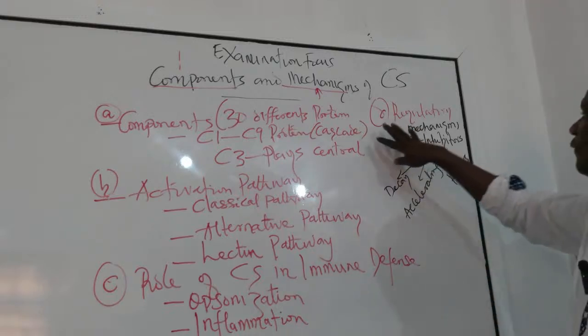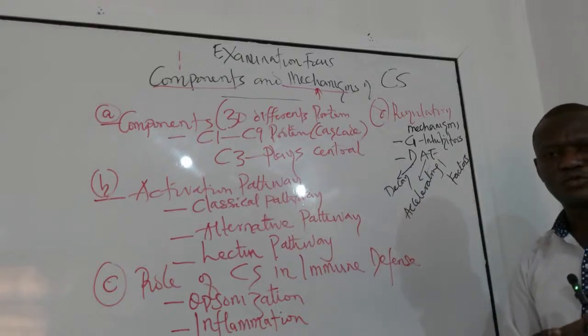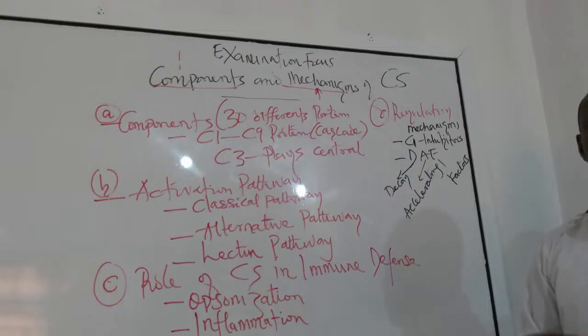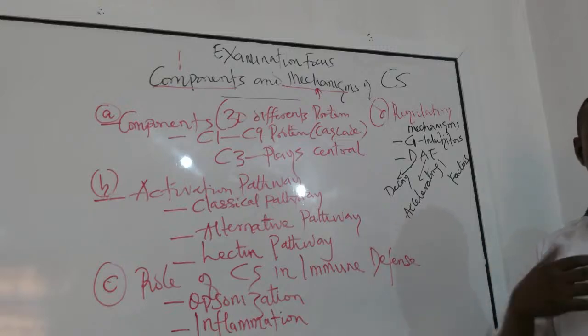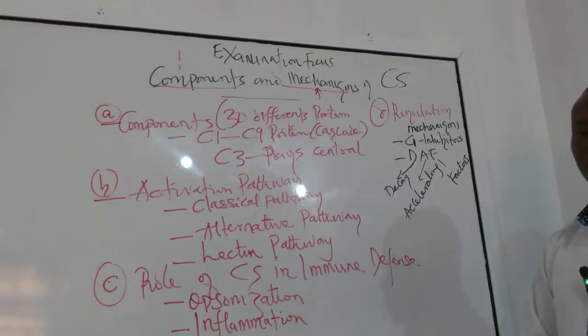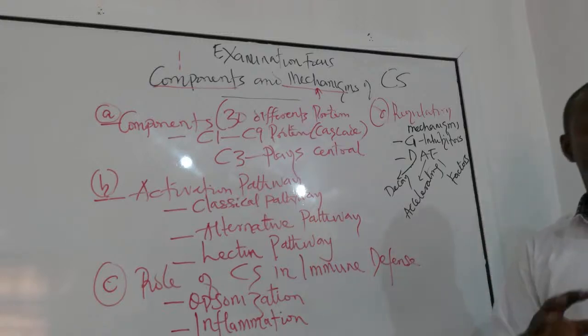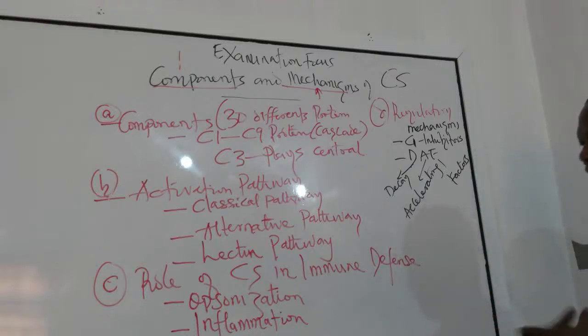Okay. The fourth aspect is that you also need to look at how the complement system is regulated, just like you have it in microbial genetics, where I told you that immediately after any gene is expressed, the next thing is to make sure that the system is brought back to normal.